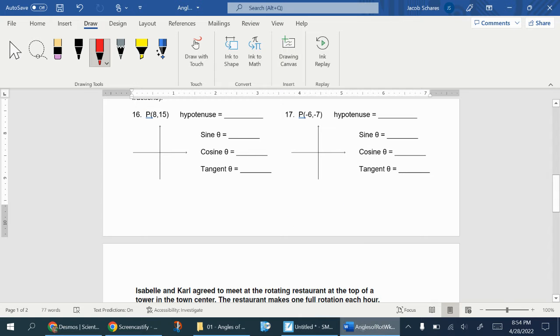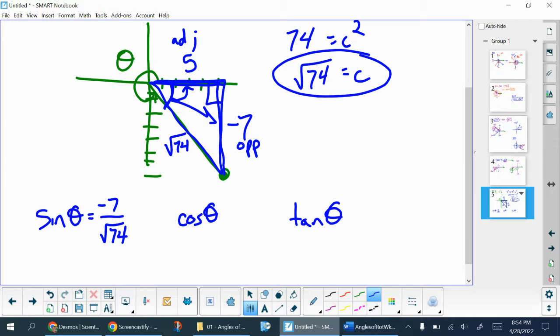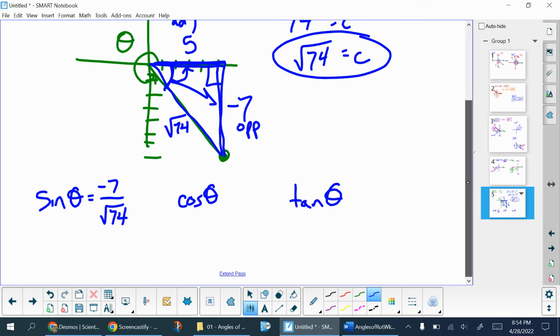Now, if you look at the directions here, it says find the hypotenuse and the three trigonometric ratios in exact form. Simplified, rationalized fractions. We haven't rationalized this fraction yet, so that's what we have to do. This is something we talked about quite a while ago, but as a quick reminder, all you have to do to rationalize a fraction, which means to not have a square root in the denominator, is multiply by that square root in the denominator and in the numerator.